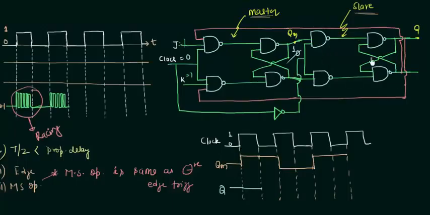It means the slave is operational, so it will go high and it will remain high until the clock again becomes low. So low and then high. So this is what we have as the output of our master and the output of our slave, and you can clearly see that we have overcome this racing. The output is not changing continuously from 0 to 1, but it is changing once in a cycle. That's what we call toggling.